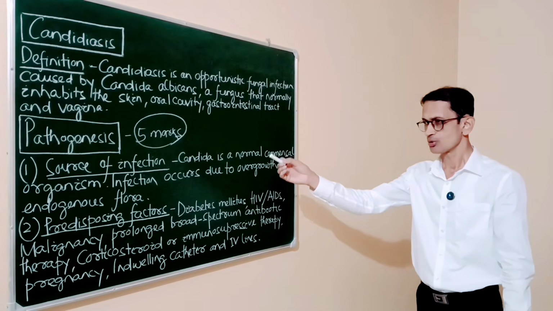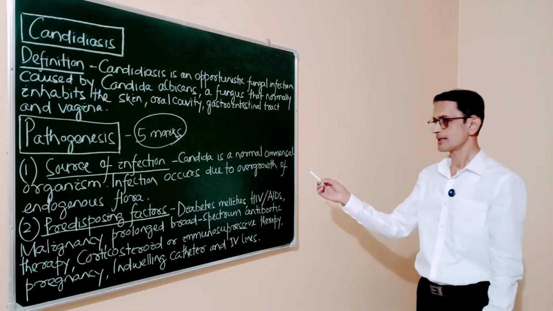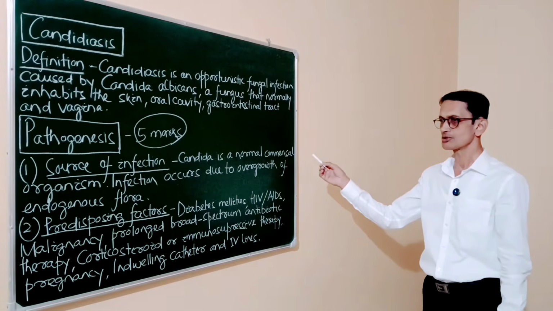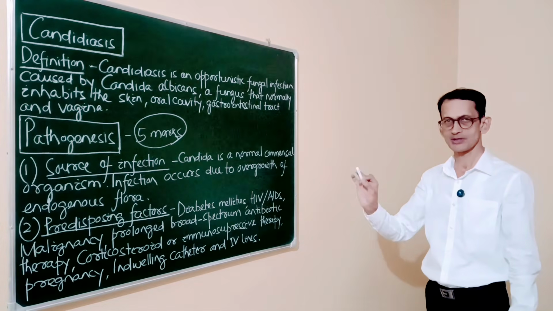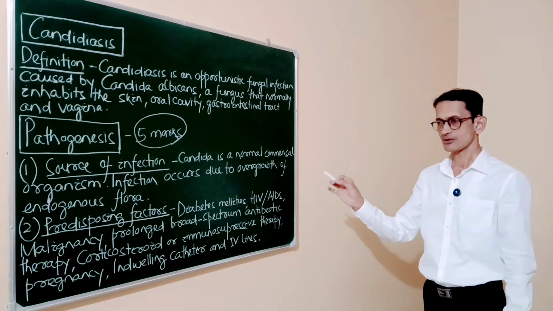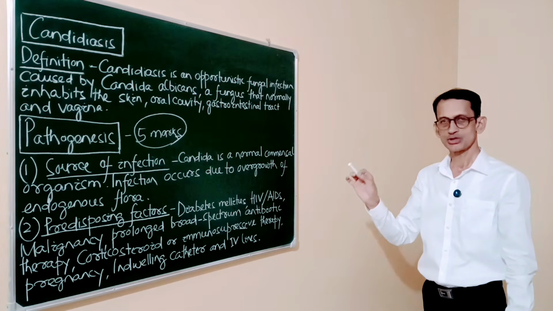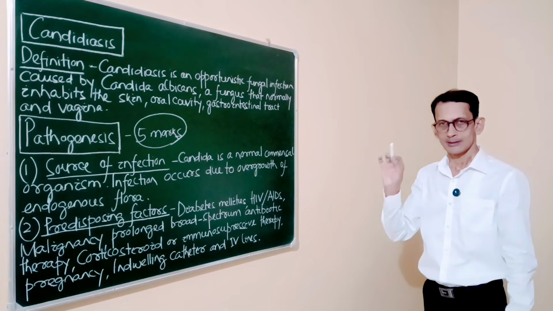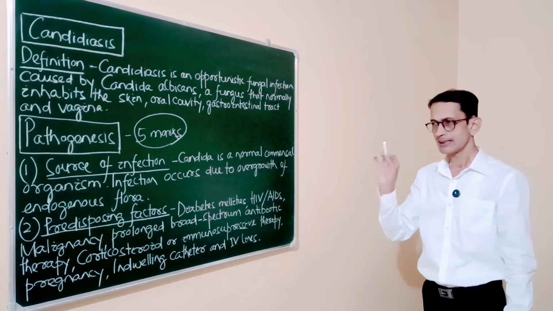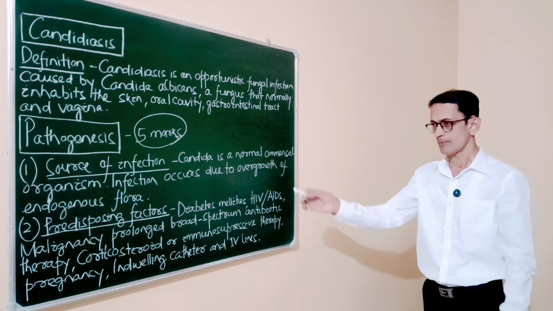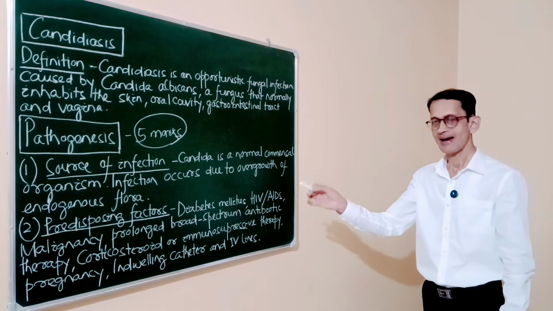Number 1, source of infection. Candida is a normal commensal organism, means normally present in the human body. Infection occurs due to overgrowth of endogenous flora, means the fungus available inside the body. Number 2, predisposing factors.